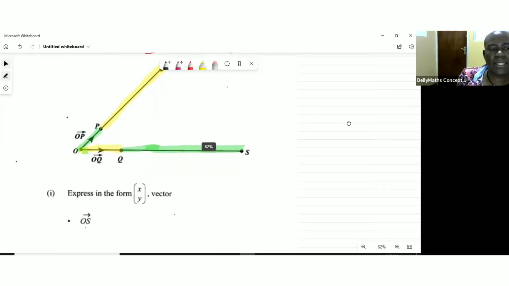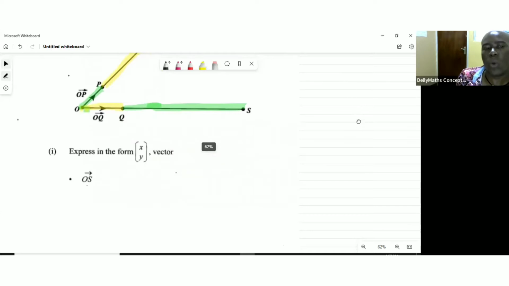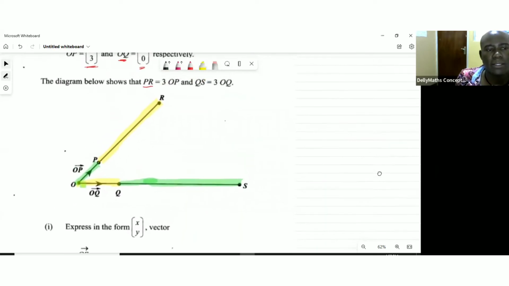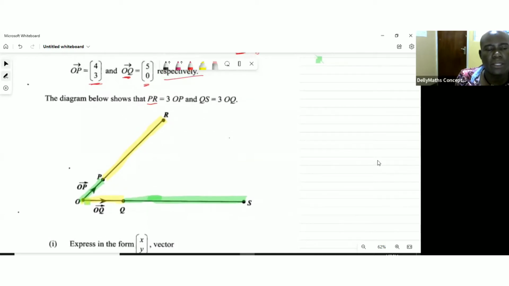Now express in the form x over y the vector OS. Now let's look at what we're given. We're given the fact that OP is equal to (4, 3). Also, we're given that OQ is equal to (5, 0).